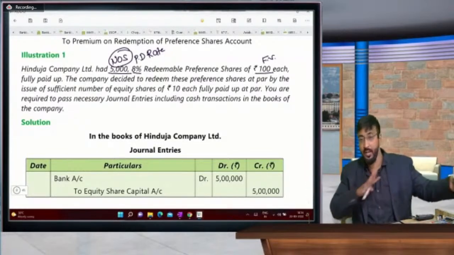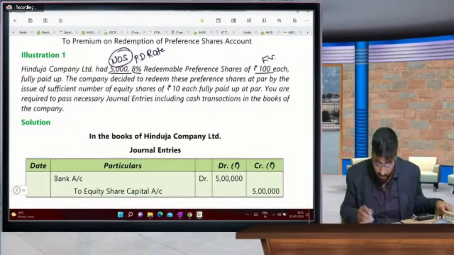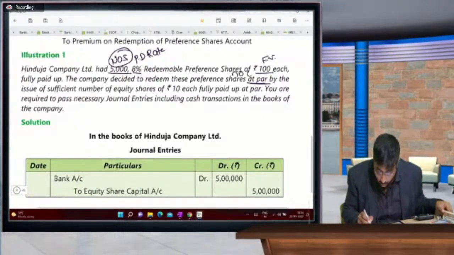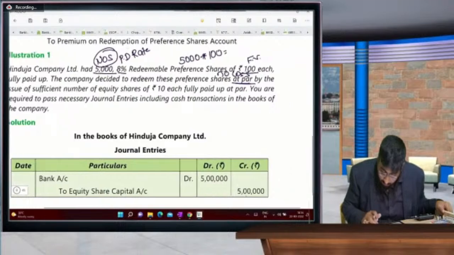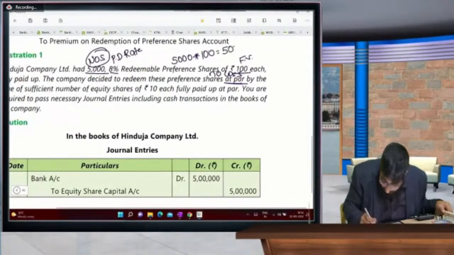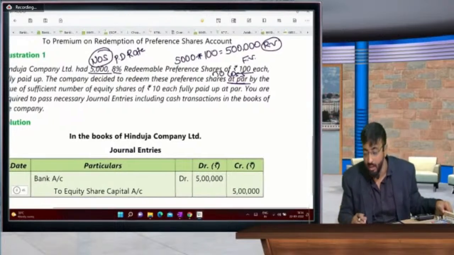The company decided to redeem these preference shares at par. So redemption at par, so there will be no loss. How many shares? 5,000 into 100, which is equal to 5 lakhs, is the RV also. Redeemable value, RV. You can write that over there.